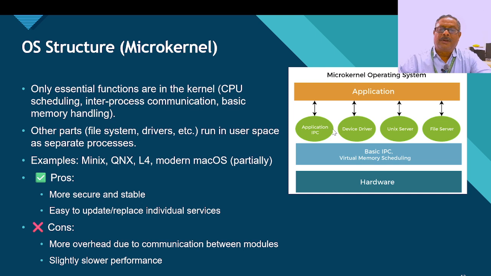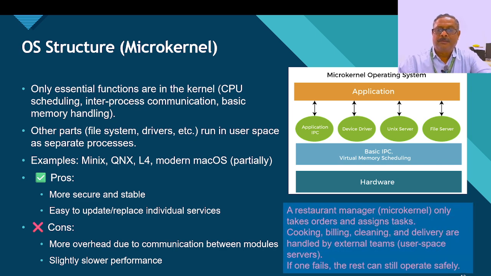Whenever any of these, a file server, Unix server, device driver, application, IPC, are being executed, and during that time any kernel activity comes on the way, then this will be stopped and that will be taken up. Every time a kernel action comes, the user actions are stopped. That way the whole system becomes slower. That's about the microkernel.